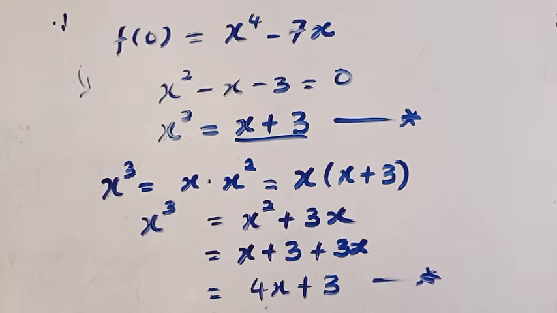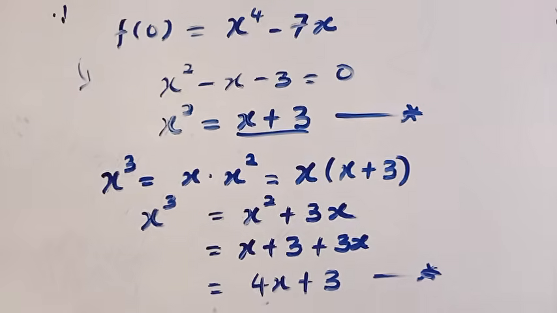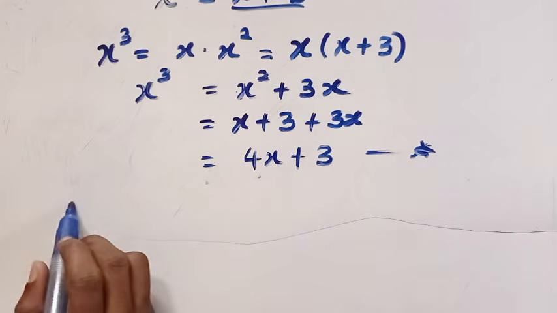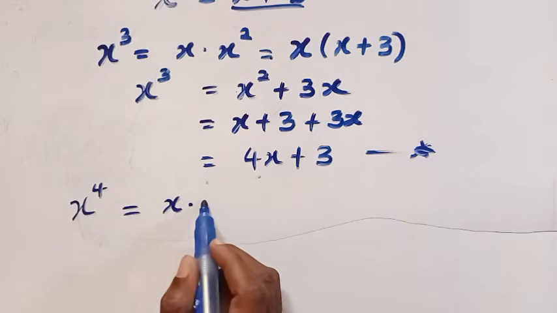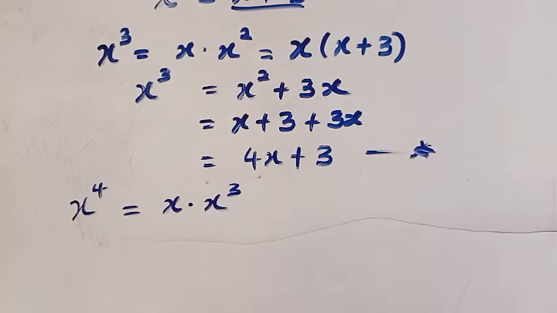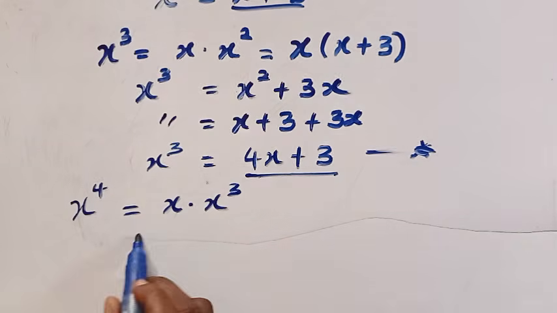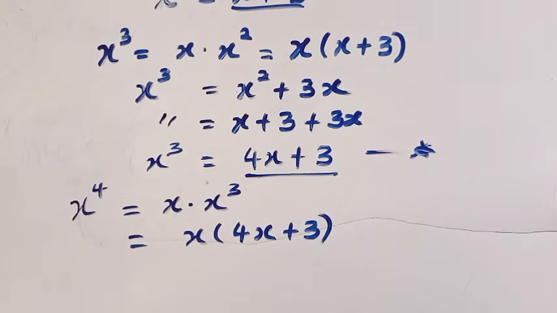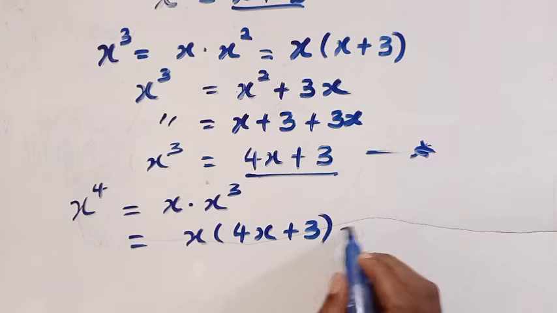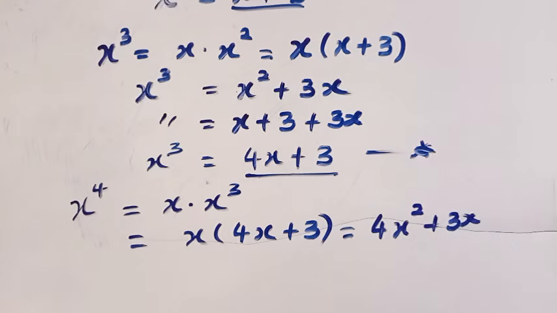Also, we need to get x to the power of 4. To do that, we multiply by x. So x power 4 equals x multiplied by x to the power of 3. But x to the power of 3 is 4x plus 3. By replacing this, we have x times 4x plus 3. Expanding this out, we have 4x squared plus 3x.